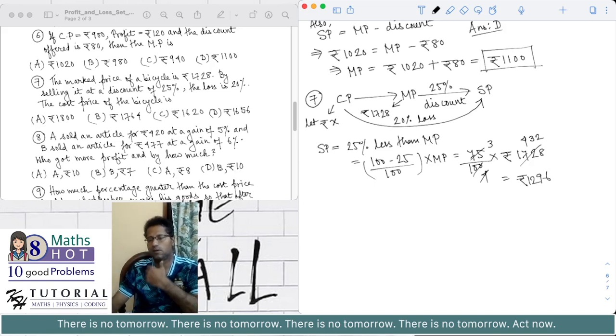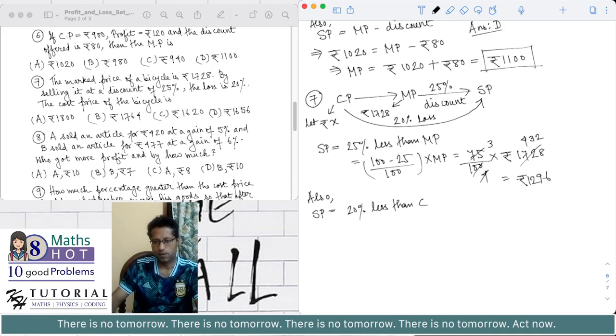Now also it is given that there is a loss of 20%. So we can say that from the loss of 20% and the cost price, we can calculate the SP. SP will be 20% less than CP.